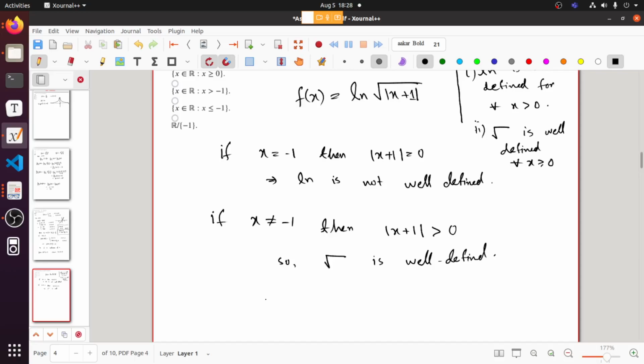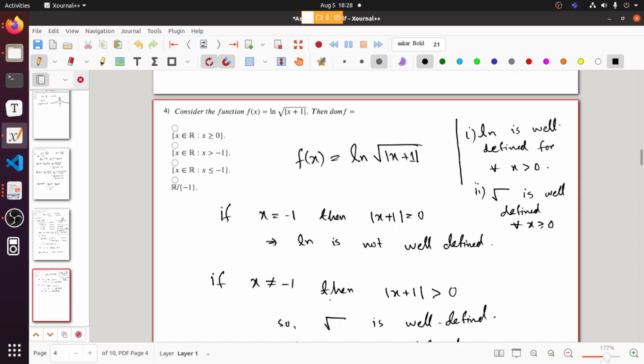And this is a positive square root, so ln is always well defined. So it is only a problem at minus 1, otherwise it is well defined.